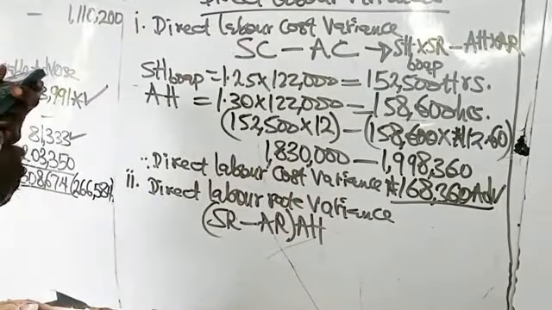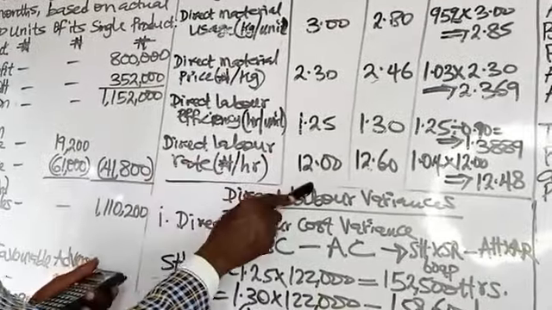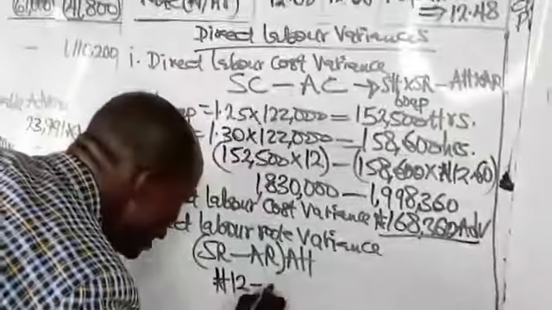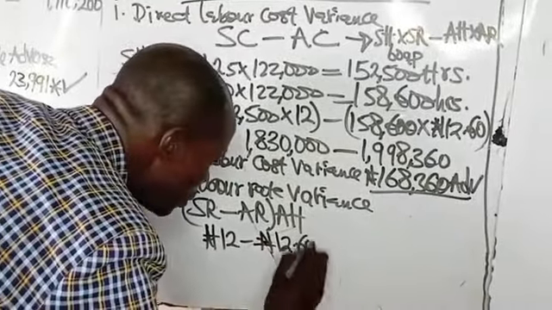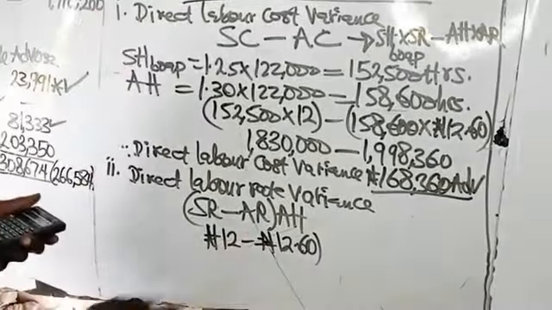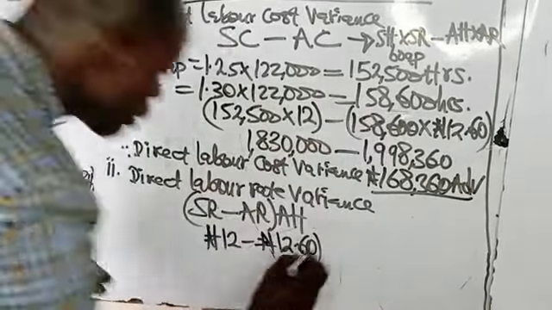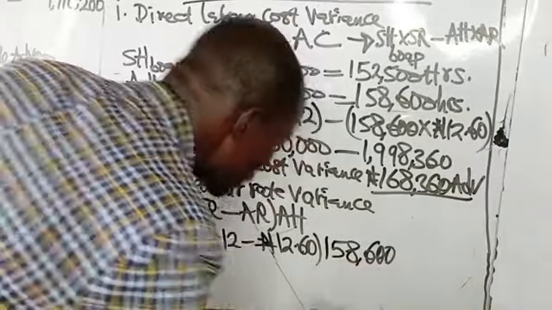Now, the standard rate, direct labor rate, standard rate 12 naira, actual rate 12 naira 60 kobo. So we have 12 minus 12.60 multiplied by actual hour. Actual hours determined is 158,600.